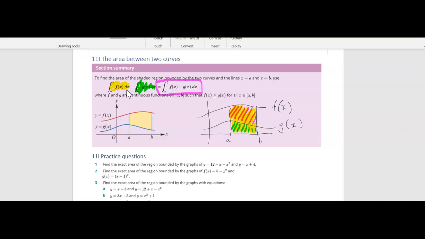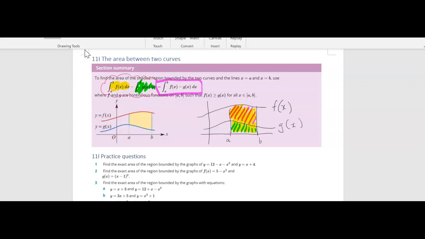We don't want that green section. So over here, I've got the area I shaded in yellow minus the area I've shaded in green, because that's the area we don't want. Then we're left with the pink area, which I've put a little square around the formula for.